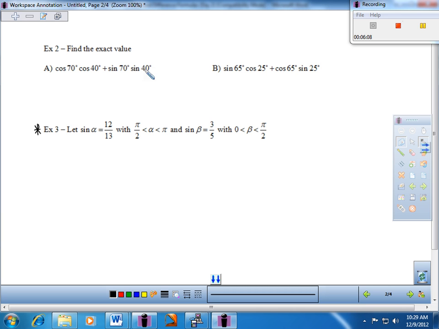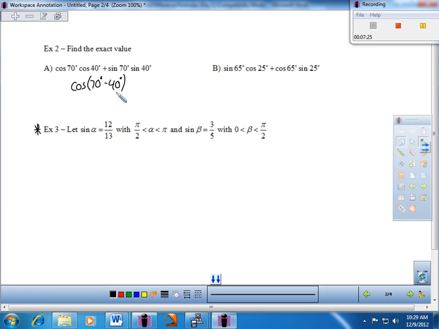Okay, well, let's see. Cosine, cosine, plus sine, sine. It should sound familiar. It is definitely one of the cosine ratios of a combination angle. The question is, is it the sum of the 2, or is it the difference of the 2? And if you remember correctly, opposite sign for cosine, so this would be 70 minus 40.